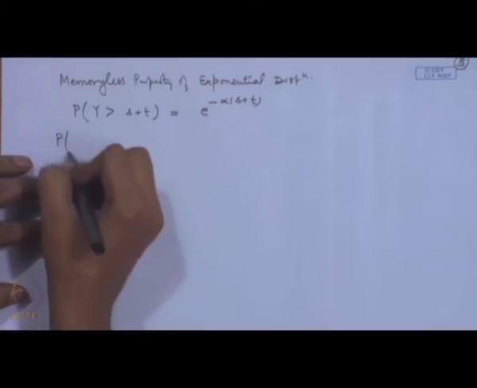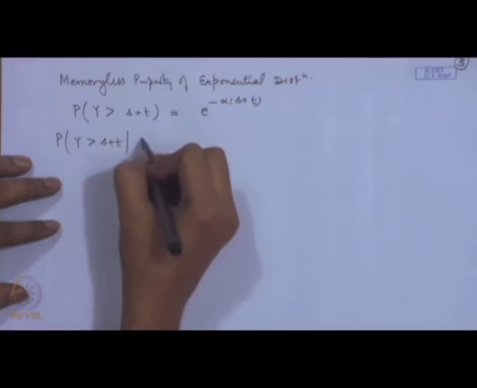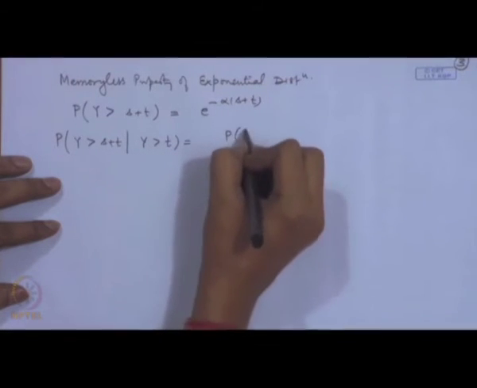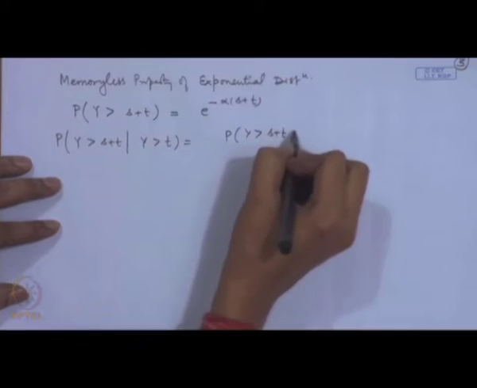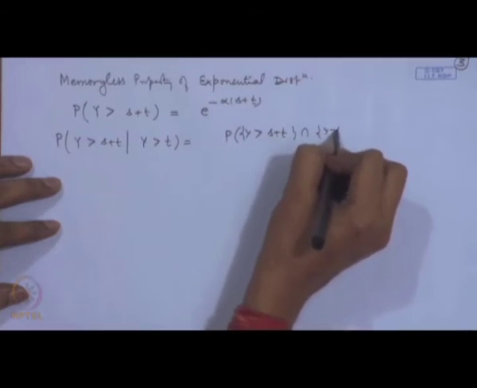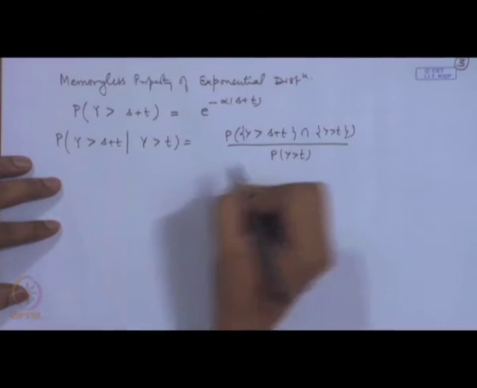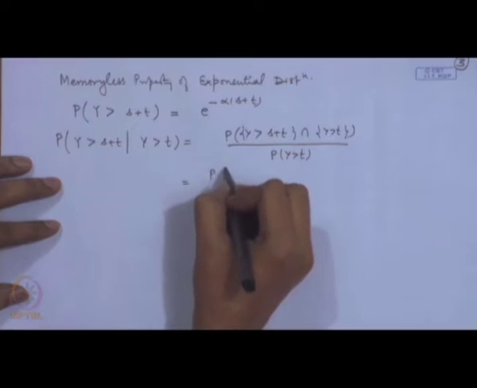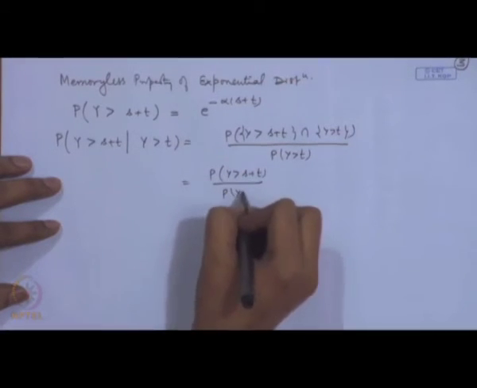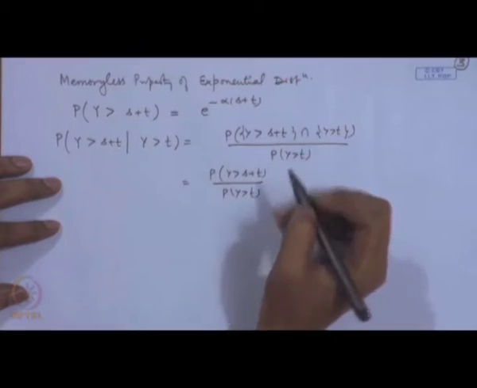If we consider probability of y greater than s plus t given y is greater than t, that is equal to probability of y greater than s plus t intersection y greater than t divided by probability y greater than t, that is equal to probability of y greater than s plus t divided by probability y greater than t, because in the numerator this event is a subset of this event.